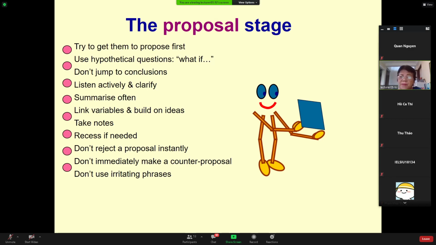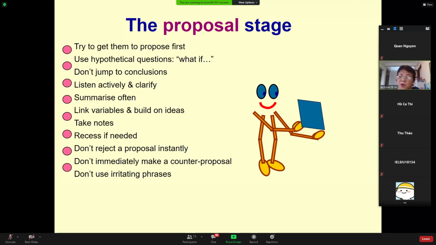Listen to them carefully, listen actively, and clarify the understanding. Okay? Summarize often. Link variables and build on ideas. Take notes. Reset if needed.